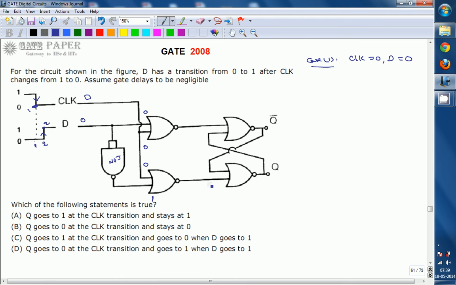So the output of this gate is 0. Output of this gate is 0. And next, 0 plus 0 is 0, and 0 bar is 1. So the input for this one is 1.